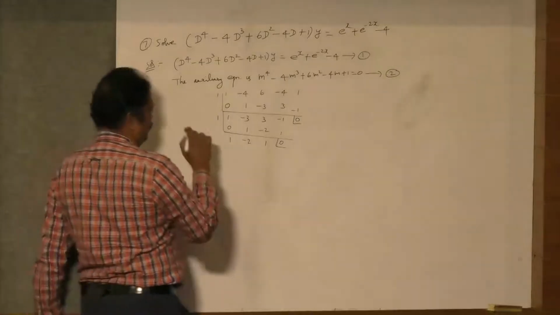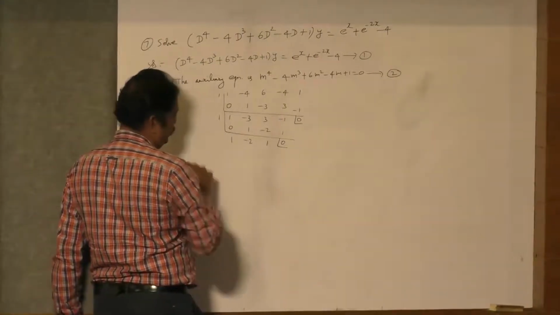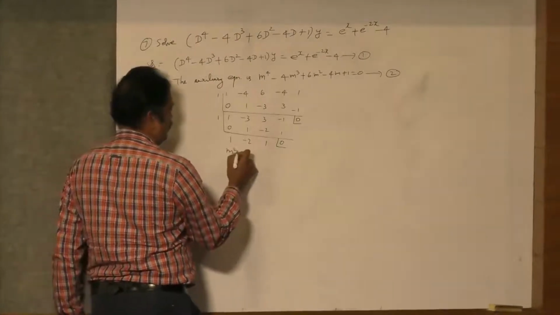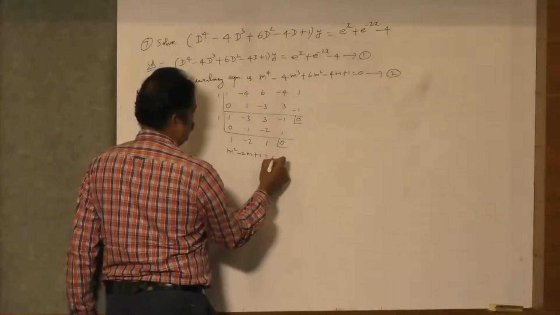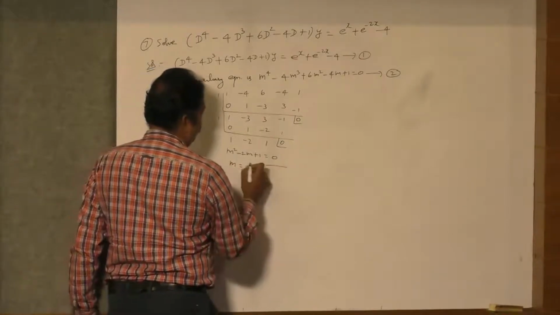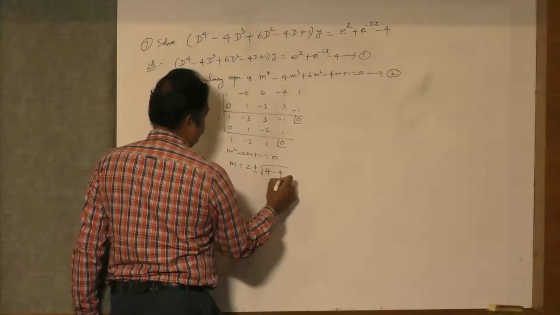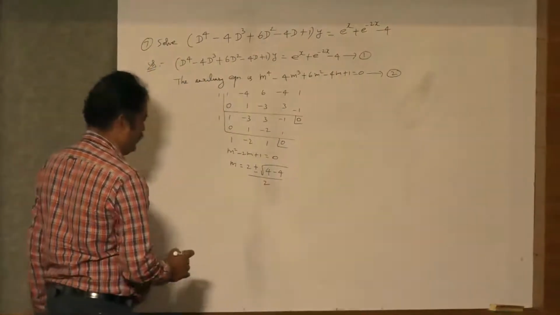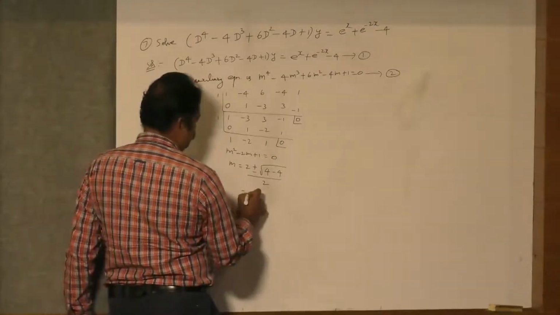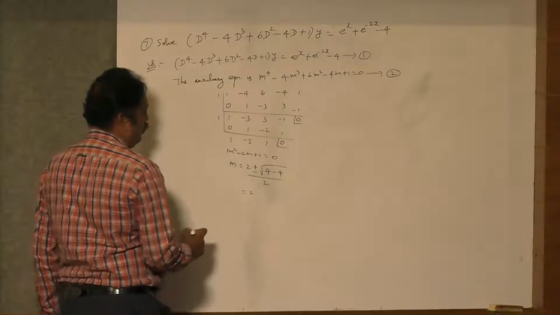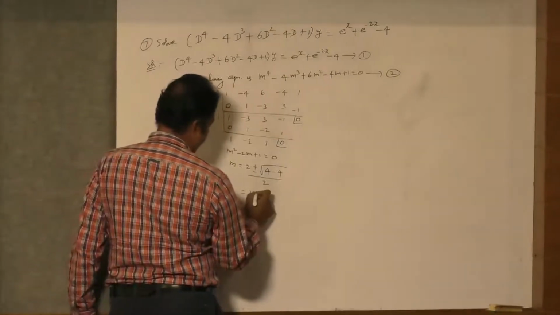Then the auxiliary equation gets reduced to a quadratic equation, m square minus 2m plus 1 is equal to 0. So m is equal to minus b plus or minus root of b square minus 4ac divided by 2a, which is equal to 2 plus or minus 0 divided by 2.